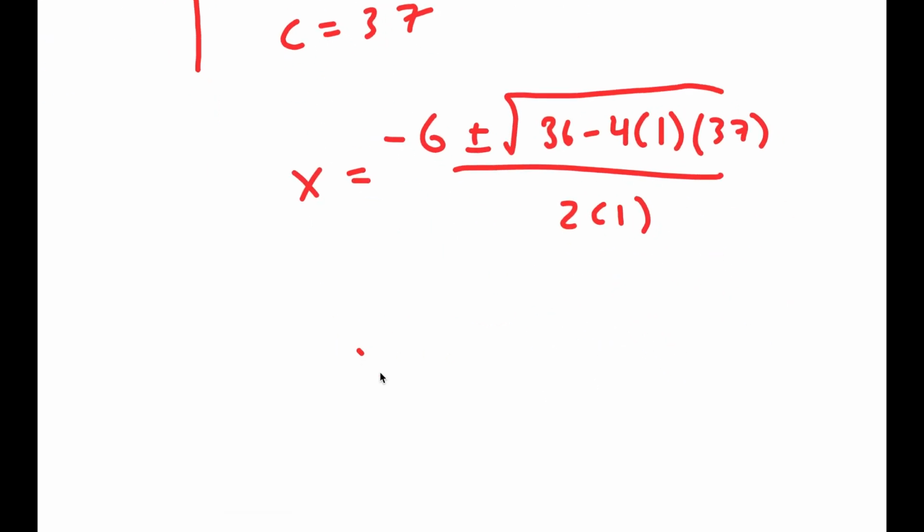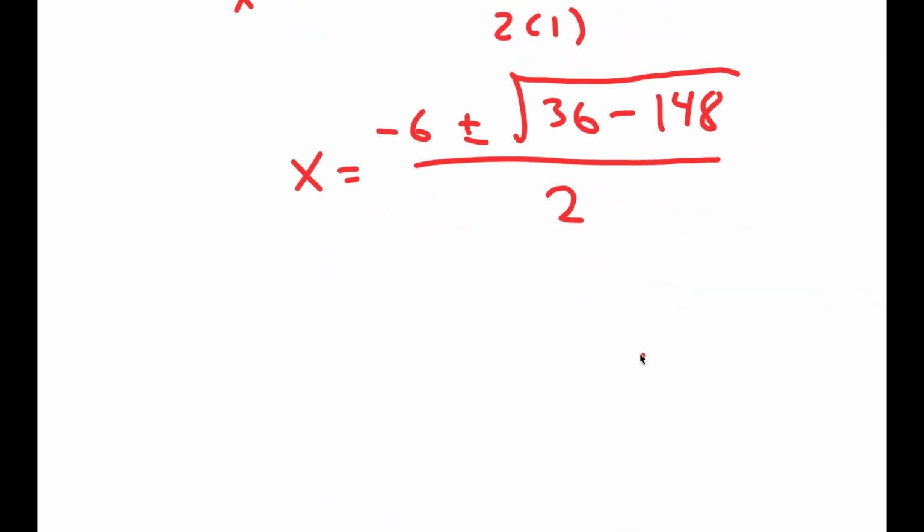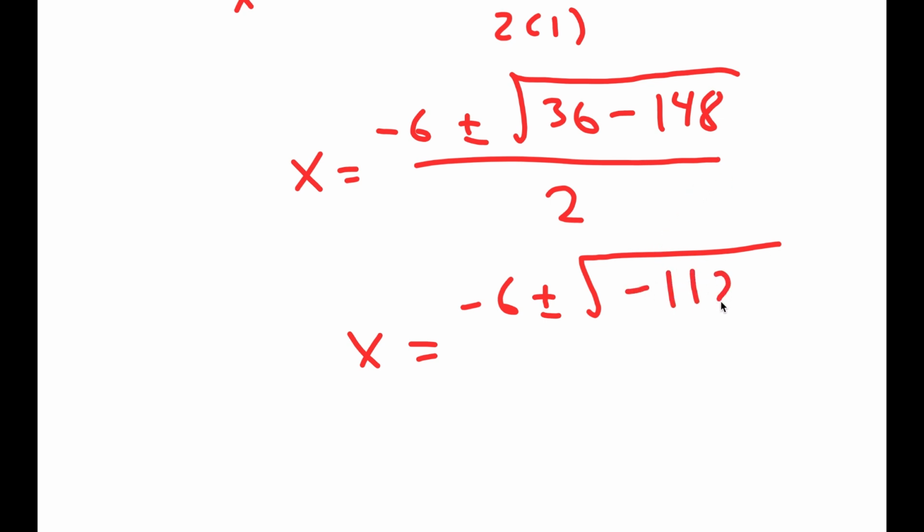Now this is equal to negative 6 plus or minus the square root of 36 minus 4 times 37, which is 148, all over 2. And now this is equal to negative 6 plus or minus the square root of 36 minus 148, which is negative 112 over 2.